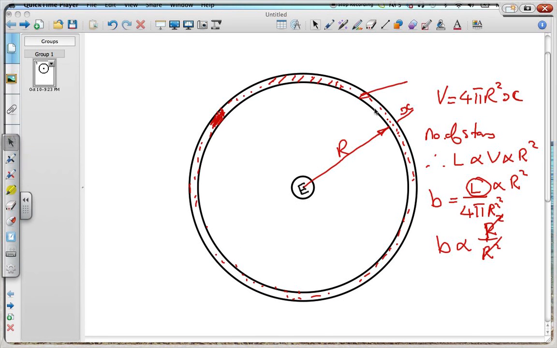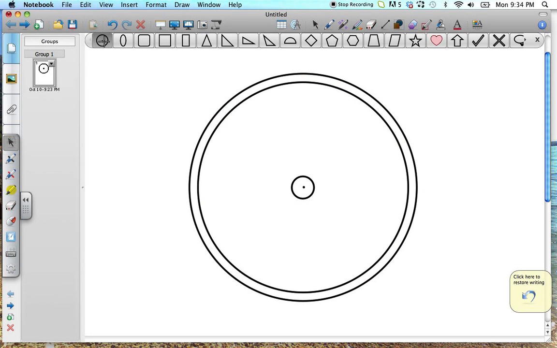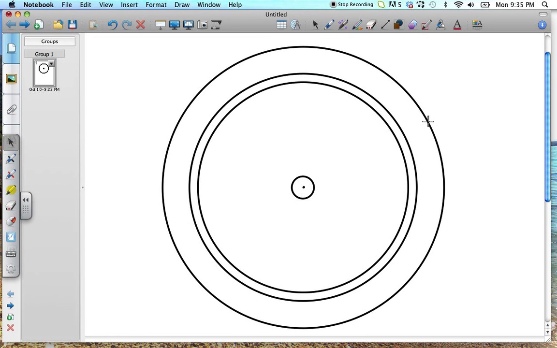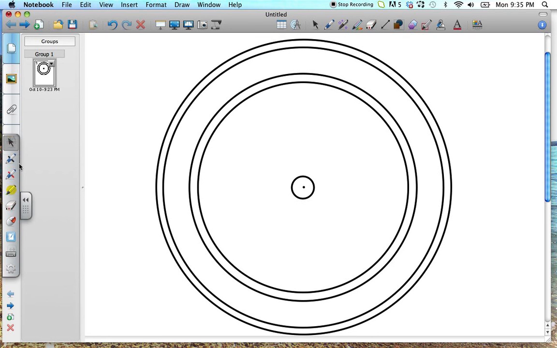So for instance, if I took another slither, another section, let's say further out, I won't go too far out, this new section all the way around over here would give the same brightness as this section over here, because as we are going further out, the number of stars is increasing by r squared proportion, but also the brightness is decreasing because we're going a further distance out.